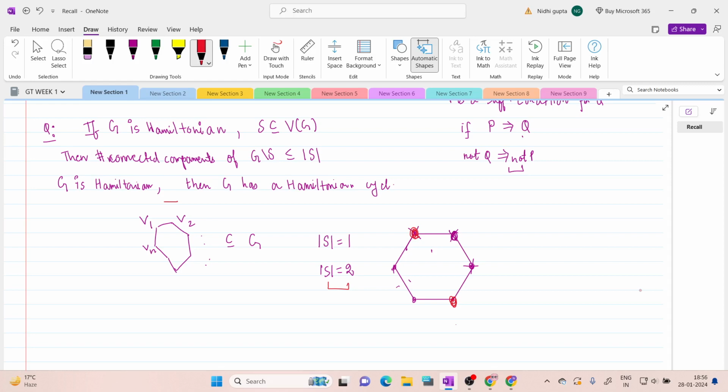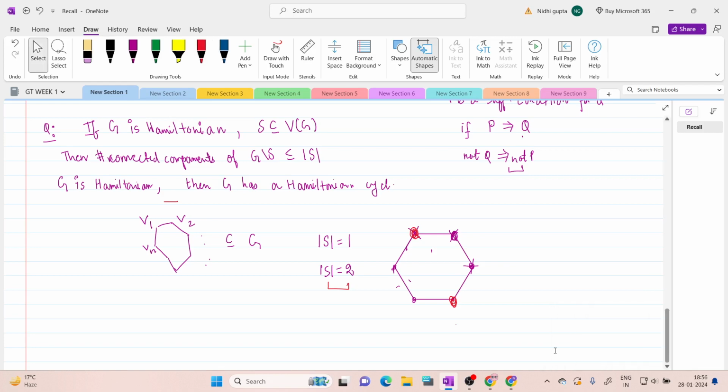That if the given graph is Hamiltonian, then this condition will hold true. And if the graph is not Hamiltonian, it is quite possible that this condition may also come out to be true. Yes, that is true. But this is stronger in the sense that if you are given a graph and you see that by removing k vertices you are getting more than k components, then you can directly say that the graph can't be Hamiltonian.